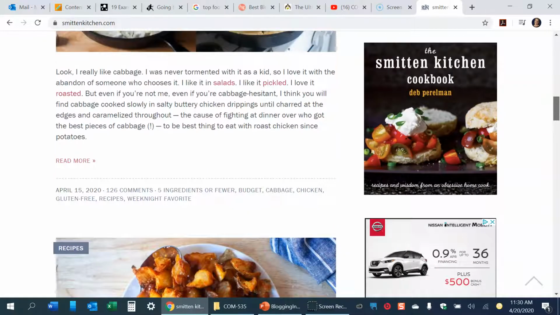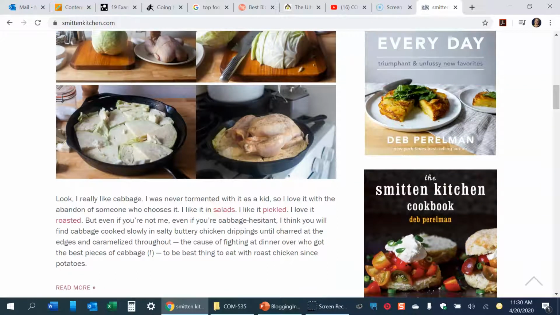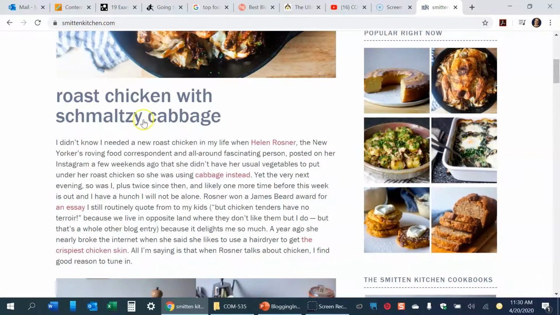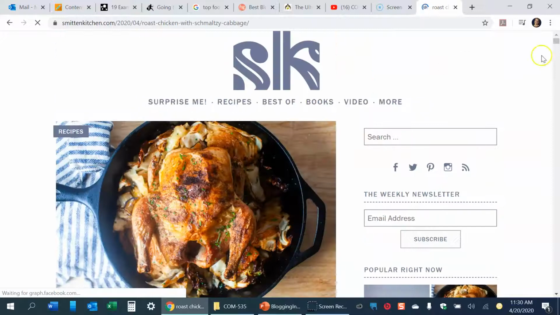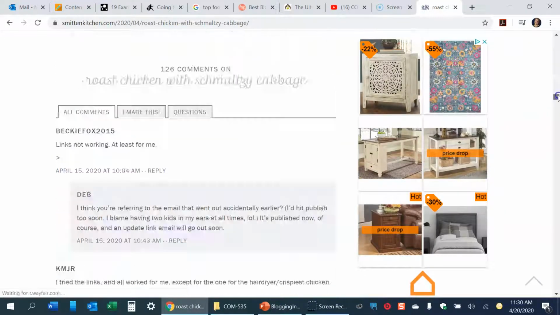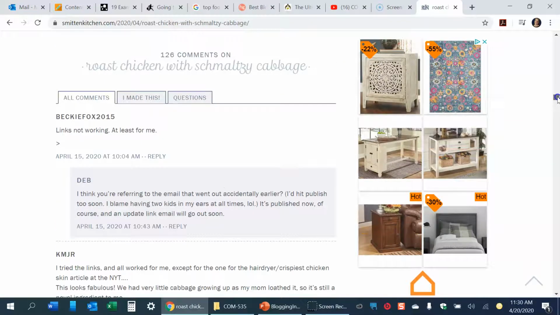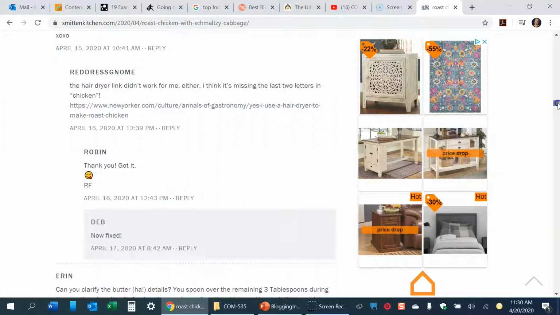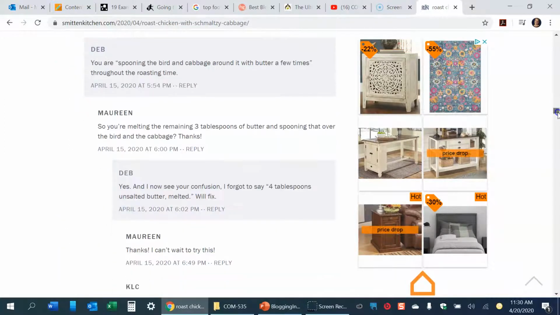And let's look, that looks good. All right, let's look at the cabbage one, because this looks like the most recent one that she has. And then if we go down to the bottom, she just published this, and there's already 126 comments. And you'll also notice that she really comes in and really engages with her audience.